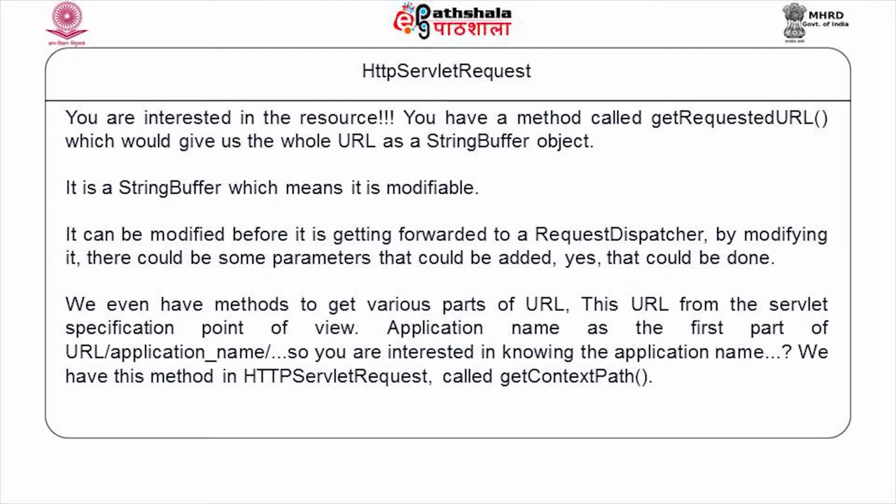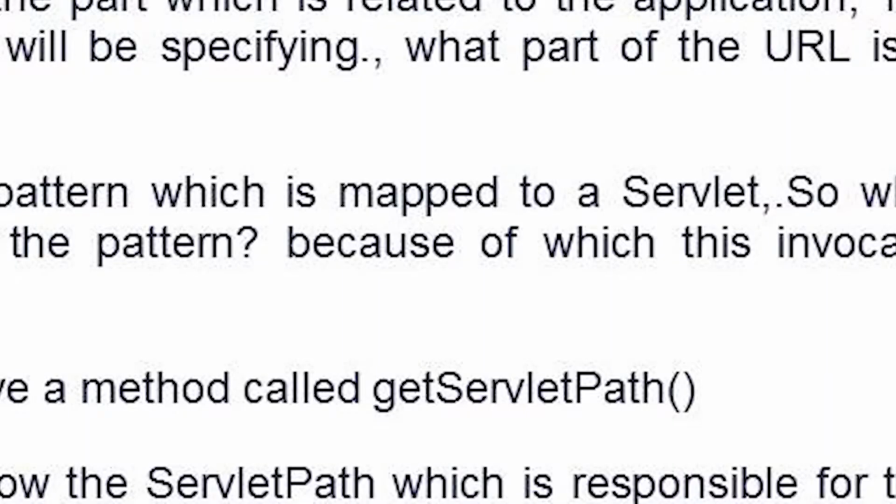The servlet may be interested in knowing the application name. So from the HTTP servlet request, we have this method called get context path, which gives us the part related to the application.